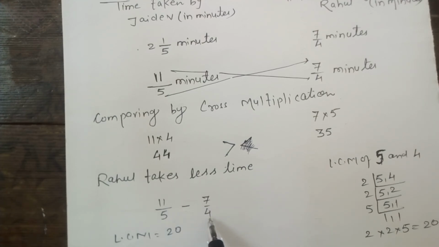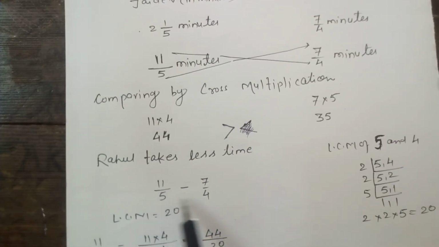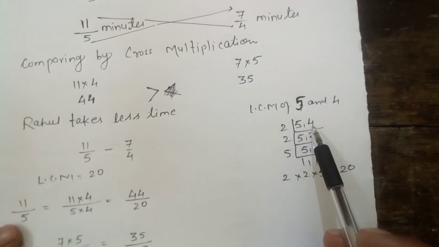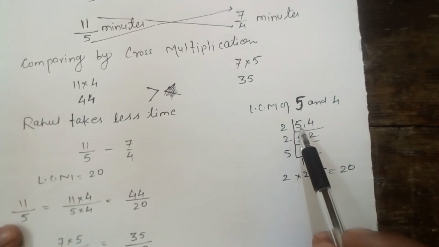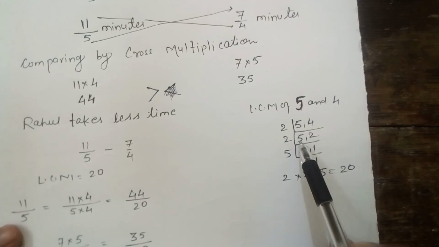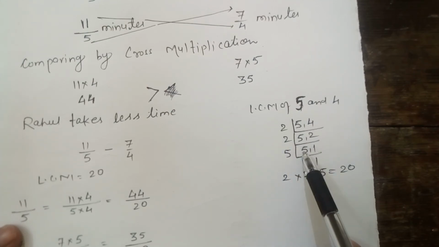And we will take out the LCM of 5 and 4. You know very well the LCM of 5 and 4 is: 5 is not divided by 2, so we take the same number here. 4 divided by 2 gives you 2. 5 is not divided by 2, so we take the same number. 2 divided by 2 gives you 1, and 5 divided by 5 gives you 1.